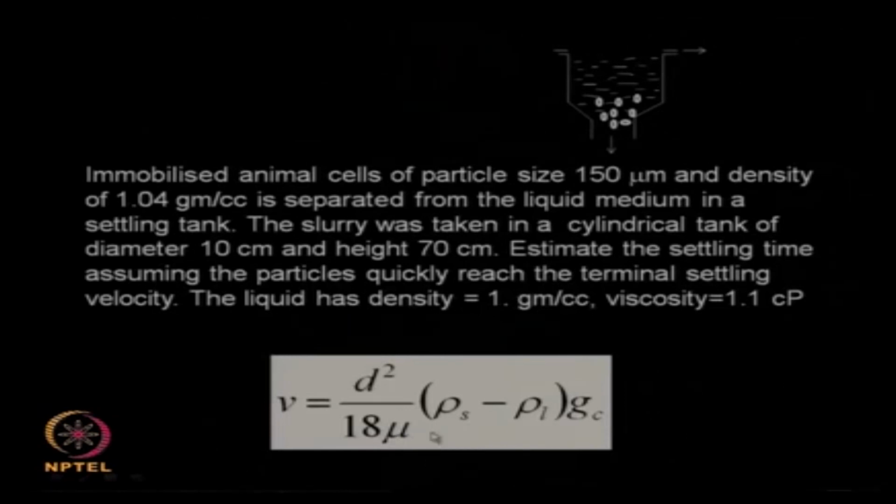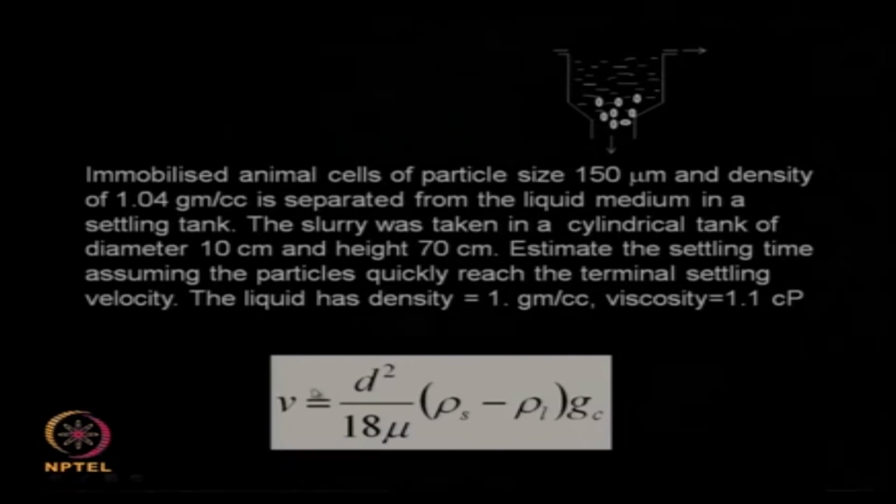This velocity depends upon the diameter of the particle, the difference in density between the solid and the liquid, and the viscosity of the fluid, which comes in the denominator. I hope you remember this equation. The diameter of the particle, rho s, rho l and viscosity are given here. So we can calculate the terminal settling velocity, right.